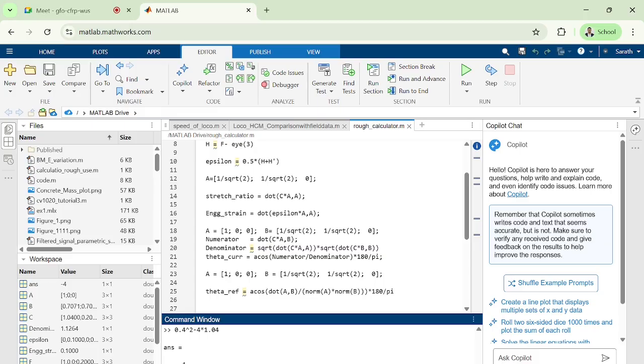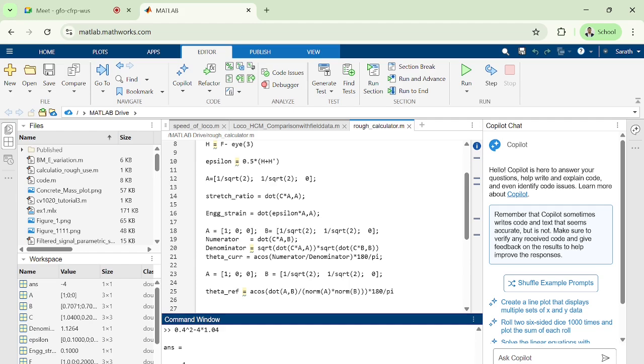And last question, is this a small deformation? Subdivision n. How to find? If h is of the order 10 power minus 3, we say it is a small deformation. The order of h, the displacement gradient, should be 10 power minus 3 or lesser. So if that is the case, it is small deformation.